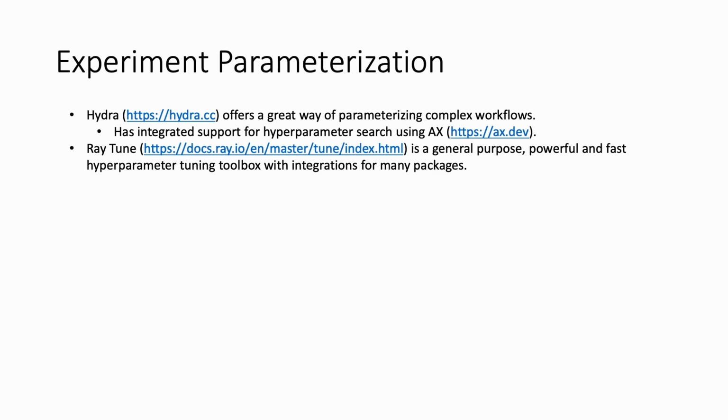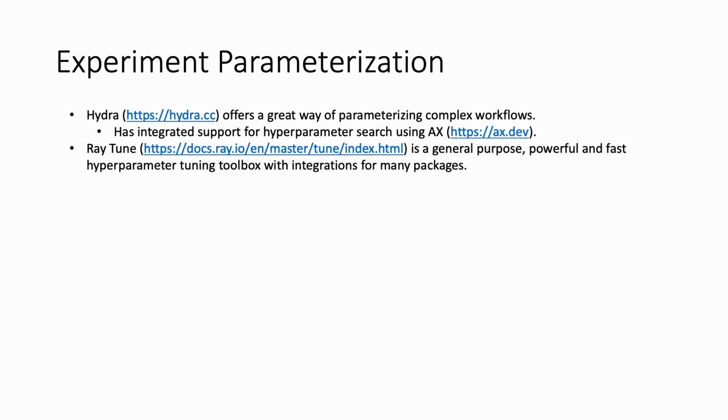Our next area of interest is experiment parameterization, a common problem for pretty much any ML workload. We identified two quite general software packages to mention here. Hydra offers a great way of parameterizing complex workflows. It can be used in easy yet powerful ways for reading configuration values from files, as well as from the command line automatically.